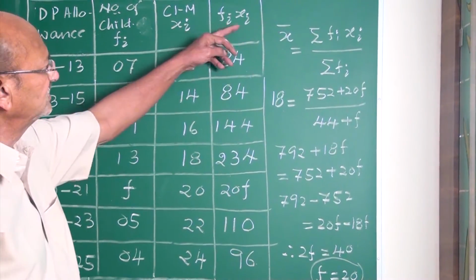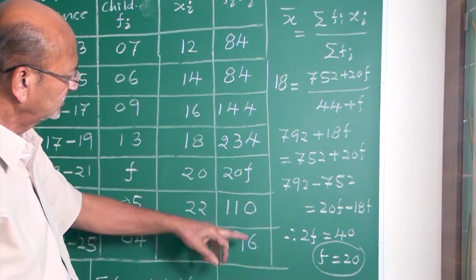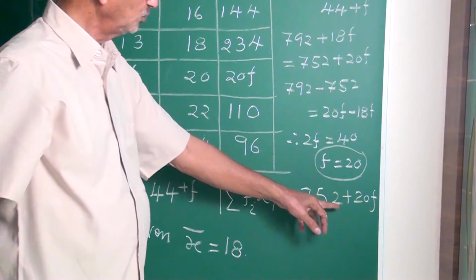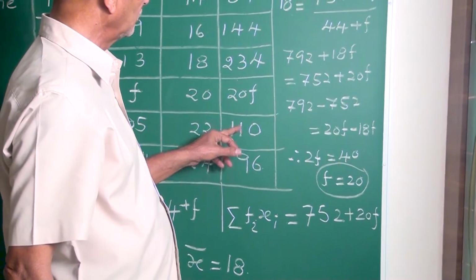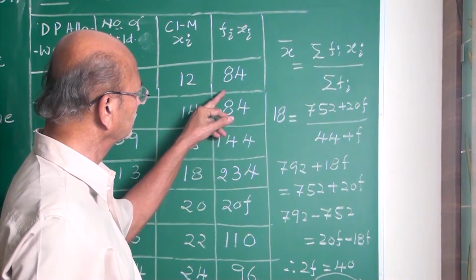Then this is Fi xi. 8, 12, 16 plus 6, 22. 2, 11, 12, 14, 18, 26.